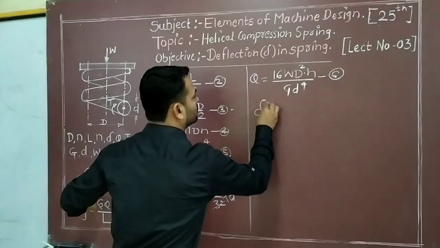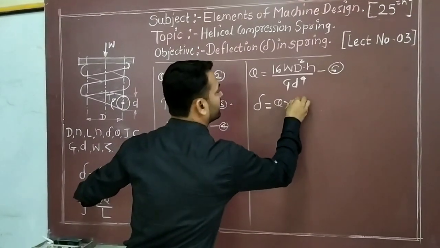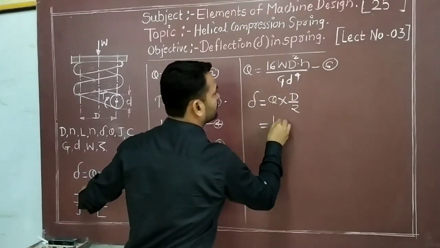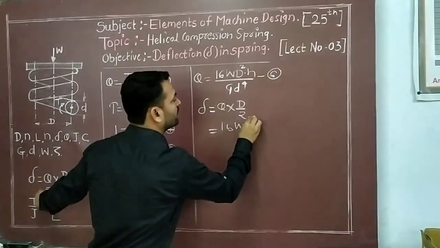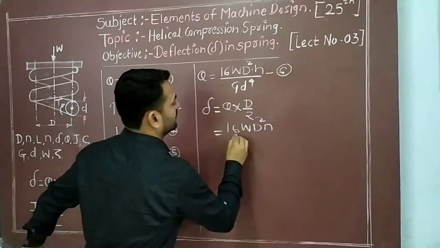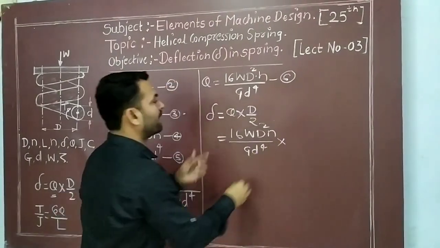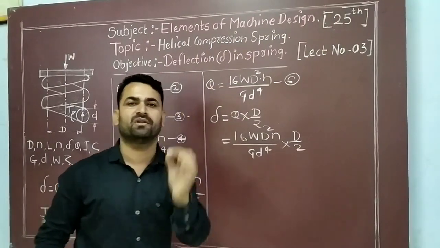So delta is equal to theta multiplied by D by 2. Put this value of theta, 16 W D squared N divided by G d raised to 4, multiplied by D by 2. Again we have to do the simplification.